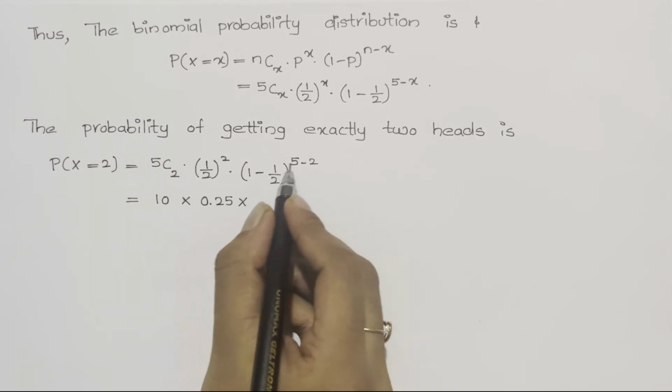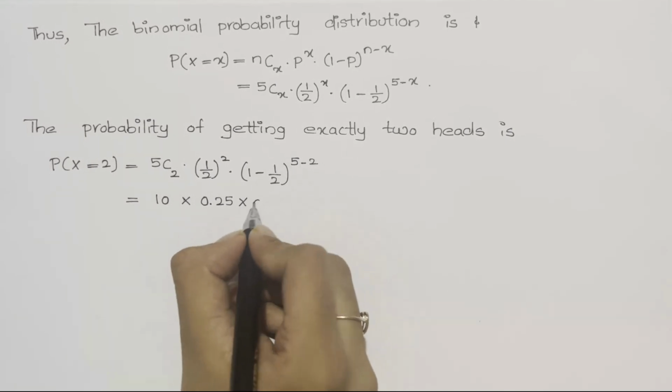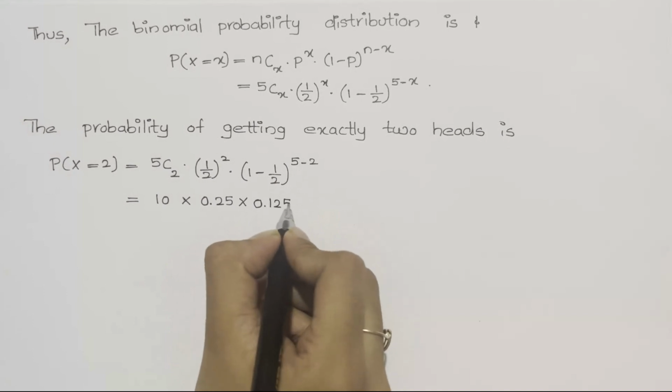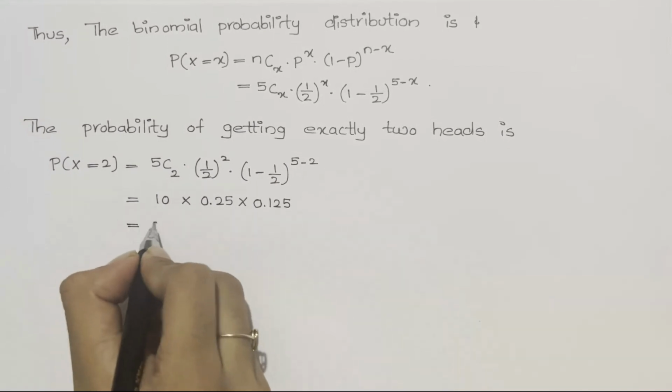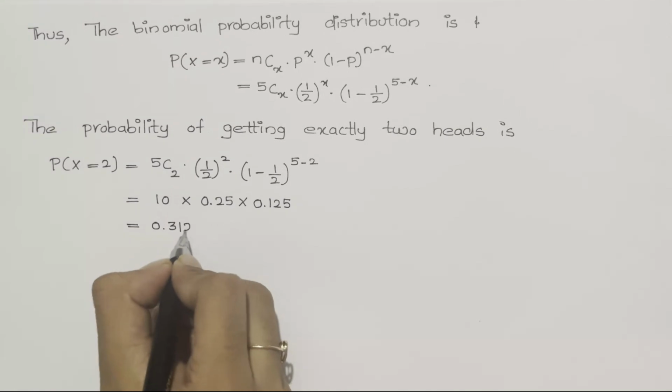Thus, (1 by 2) raised to 3 equal to 0.125, equal to 0.3125.